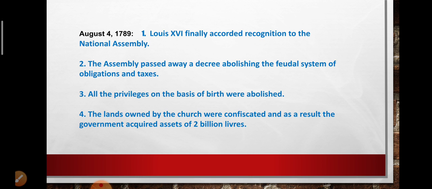The land with the rich people was confiscated, that means it was taken away from them, and all the privileges, by privileges we mean advantages, given to the clergy and the nobility were abolished. These were the series of events that led to the outbreak of revolution and France becoming a constitutional monarchy.